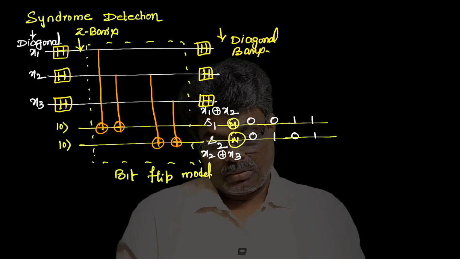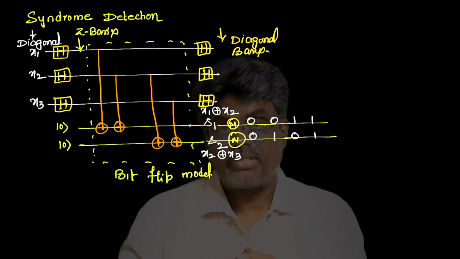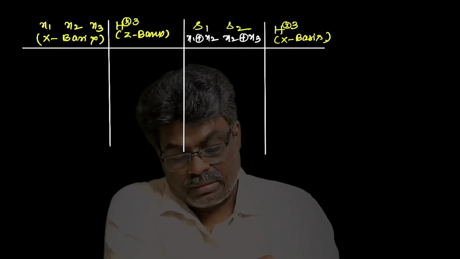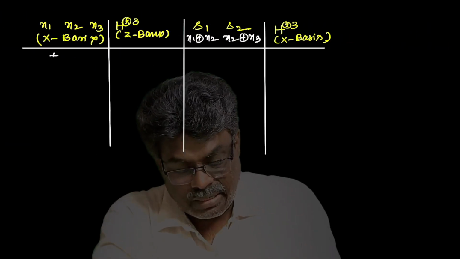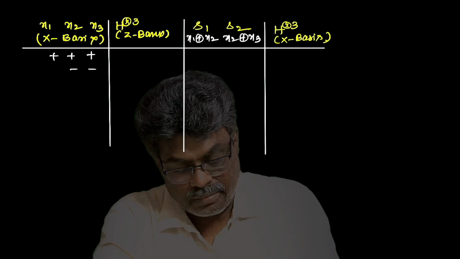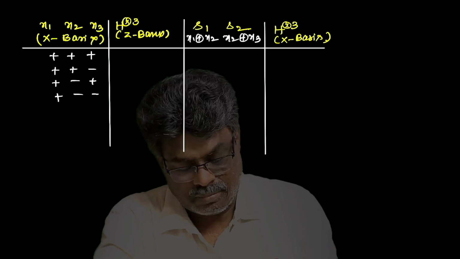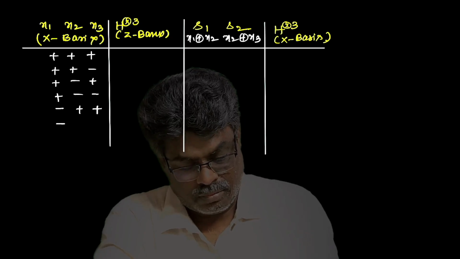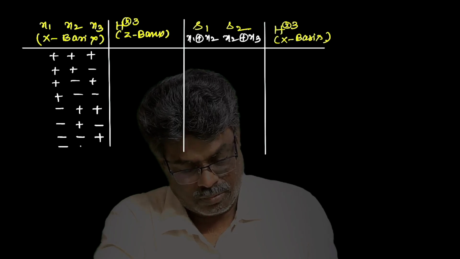Okay. So please observe, we converted the bit flip model into phase flip model by using these Hadamard gates. Now here, initially we have the diagonal basis, so here I'm taking plus plus like this. Right.